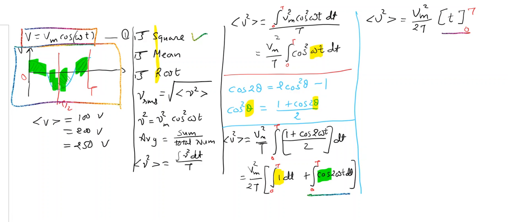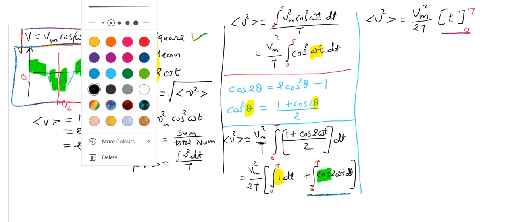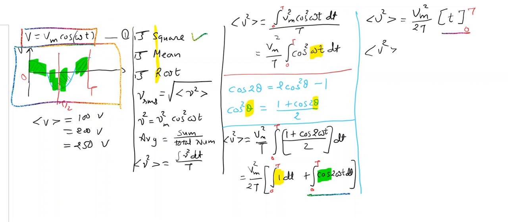It will be capital T minus 0, that is capital T, and ultimately I'll be left with v square as Vm square by 2, and I'll call it my equation 2. So what I have got now is average of square of voltage, which is Vm square by 2. Let it be equation 2.